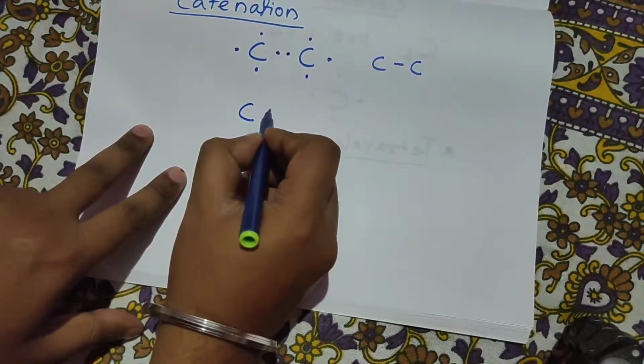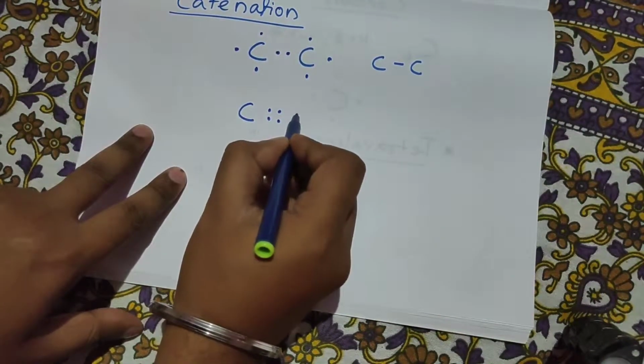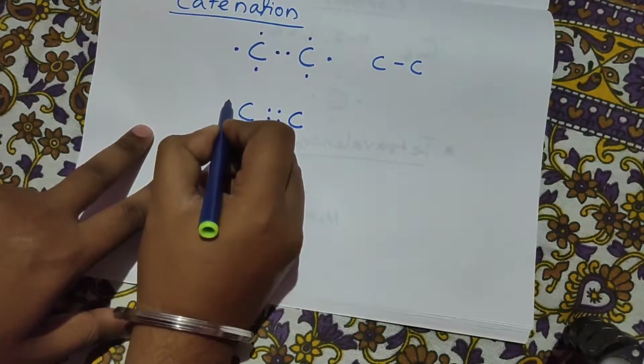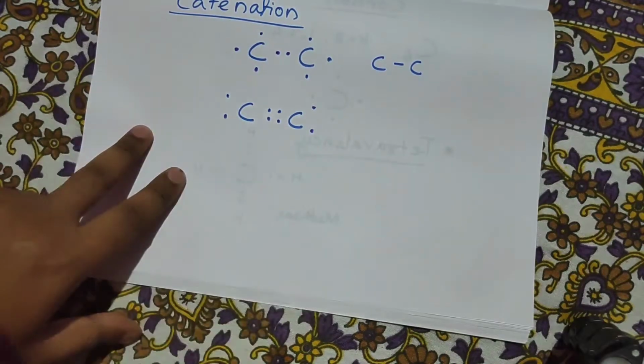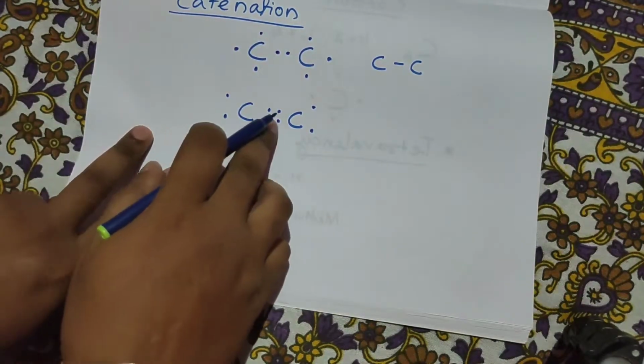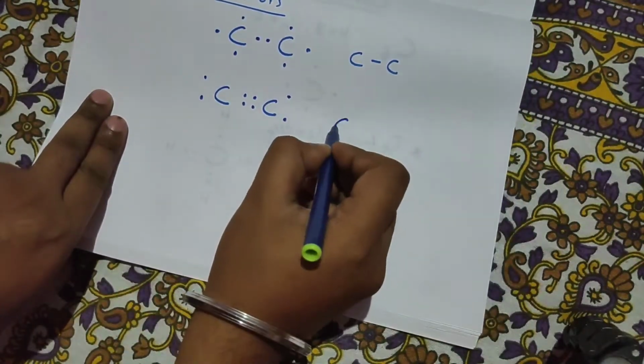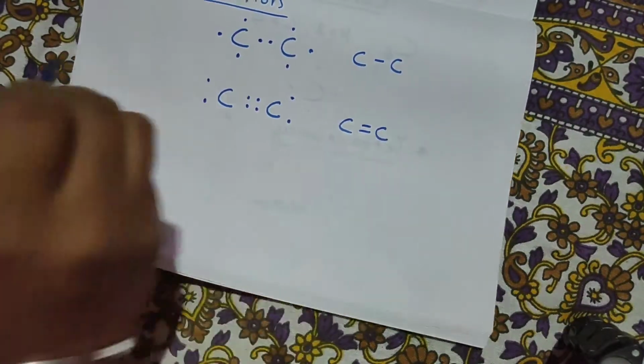Carbon can also form double bonds by sharing 2 valence electrons with another carbon atom. So here you can see this has formed a double bond.